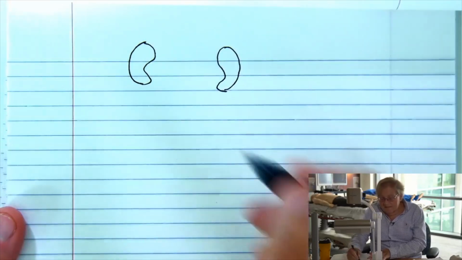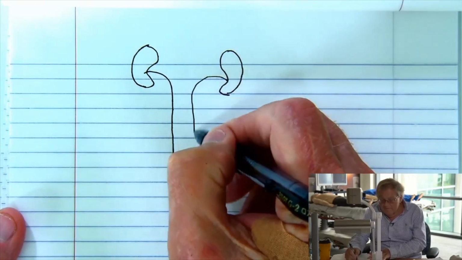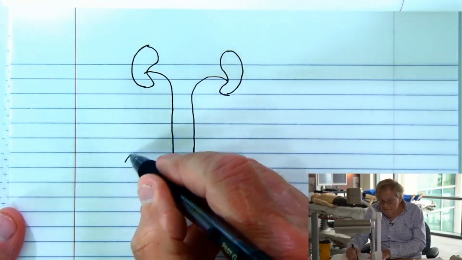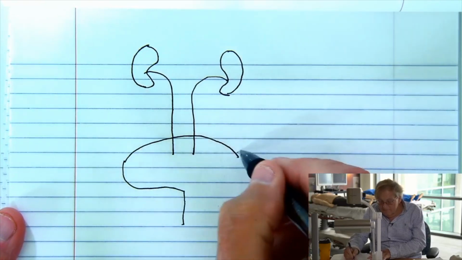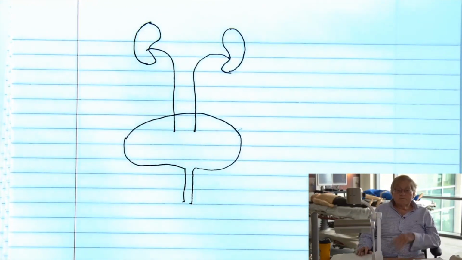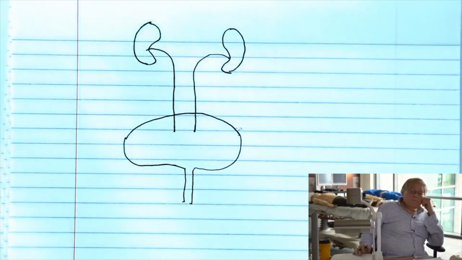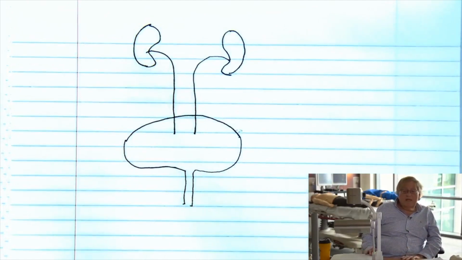And coming out of that kidney is going to be a ureter. And that ureter is going to work its way into the bladder, and eventually it's going to end up in the urethra. So just thinking gross anatomy here and where structures are, which is really important in this class.